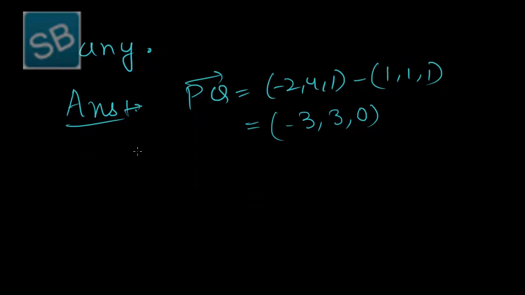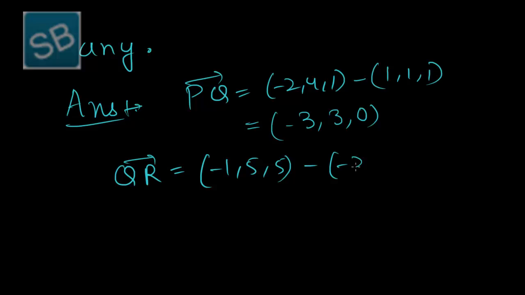Now we will find vector QR, that is the position vector of R, minus 1, 5, 5, minus the position vector of Q, that is minus 2, 4, 1. That gives 1, 1 and 4.